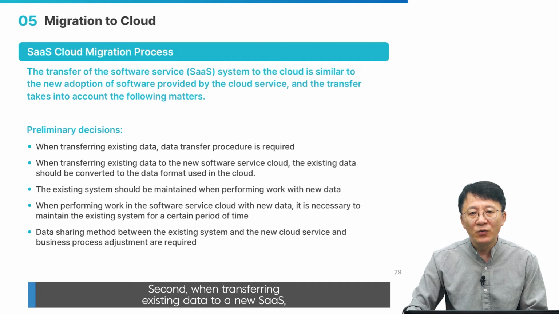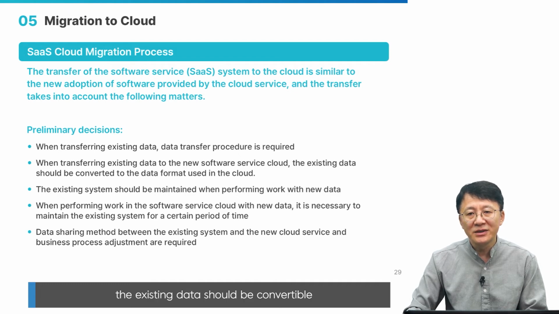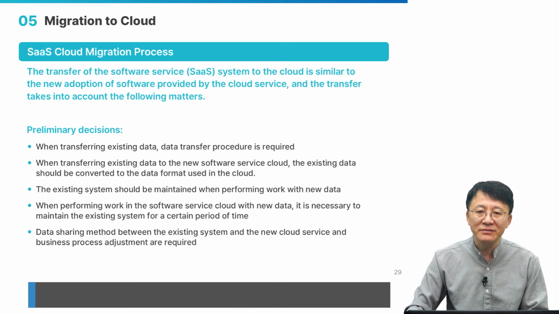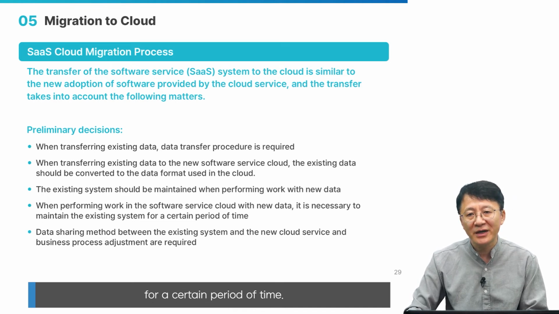Second, when transferring existing data to a new SaaS, the existing data should be convertible to the data format used in the cloud. Third, when performing work in SaaS with new data, it should be possible to maintain the existing system for a certain period of time.